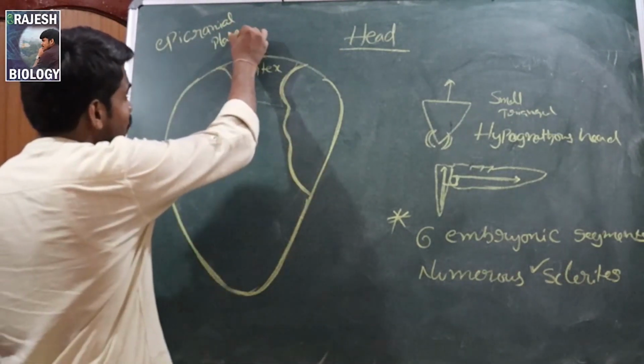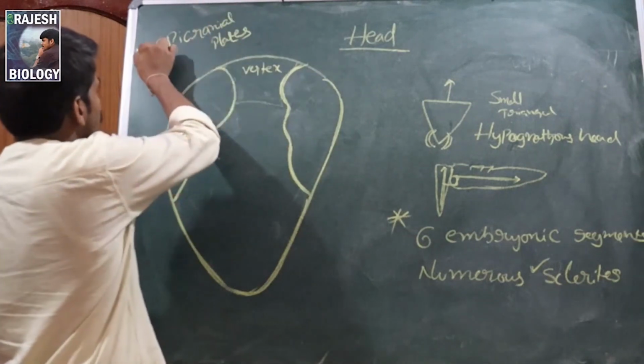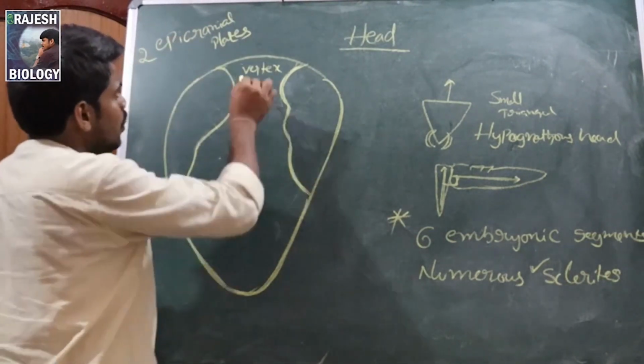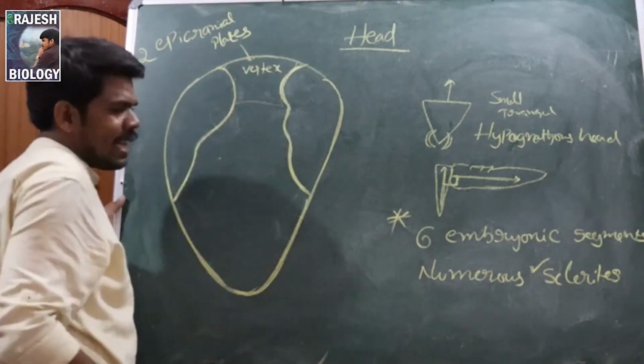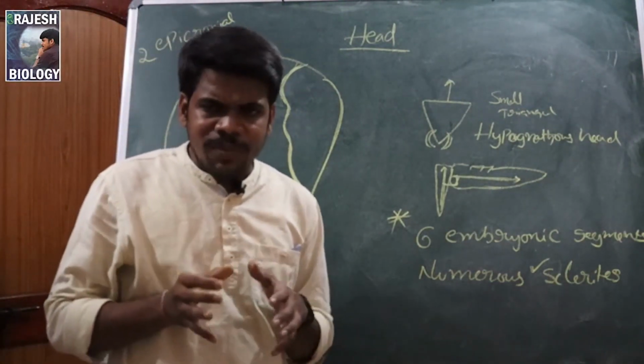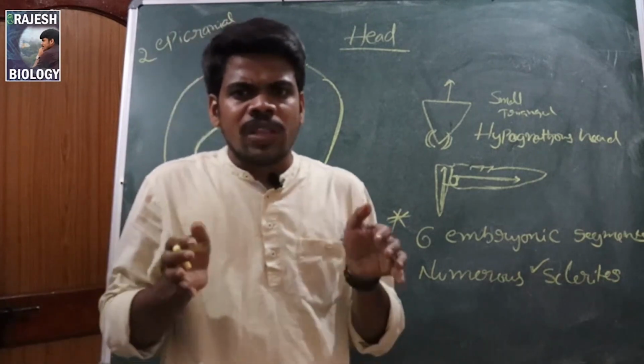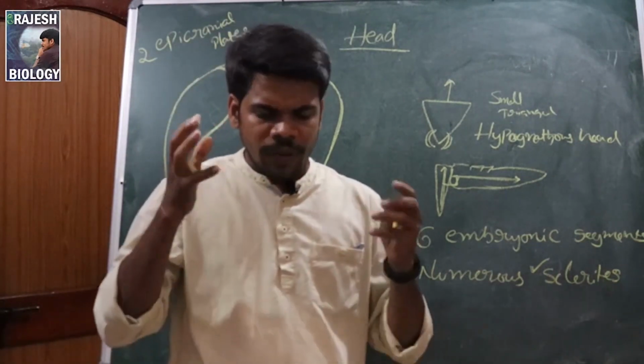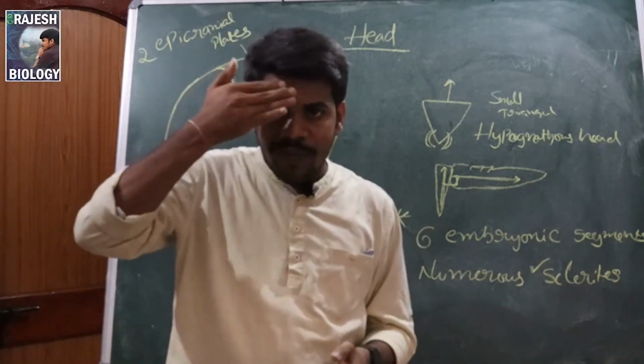Here there are actually two epicranial plates, and two epicranial plates together form the vertex. Like in our body it is called the frontal bone.